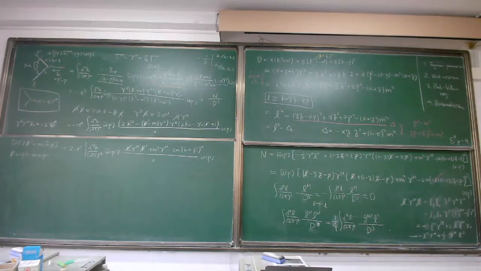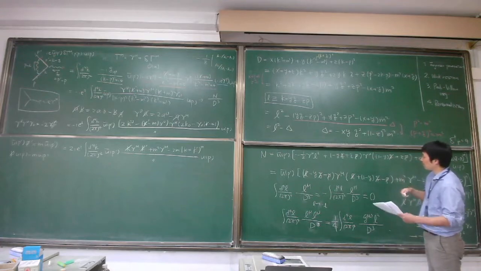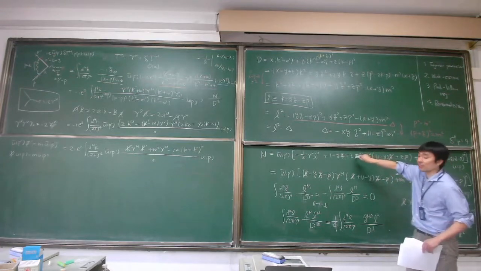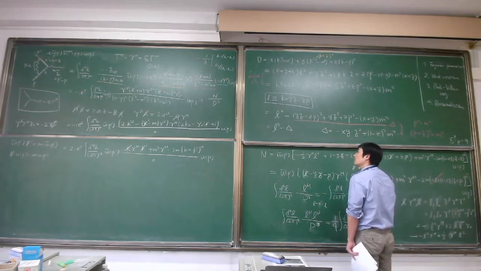Yeah, for instance, if you just apply p slash, so p slash is here, acting on u of p will give you m. Okay? P slash acting on u will give you m, and also you can write this p slash here as p prime slash plus... is it the minus?